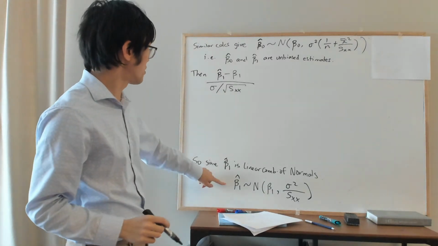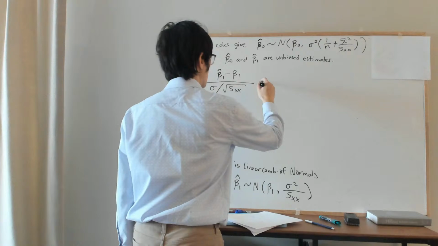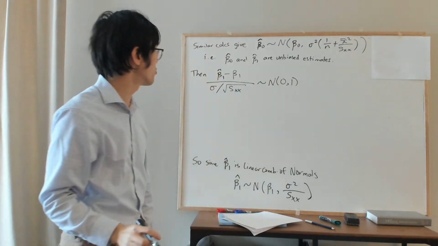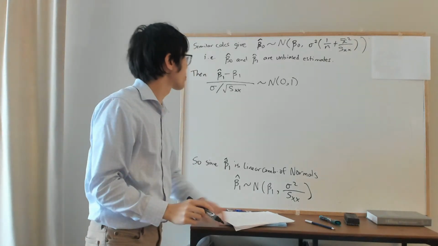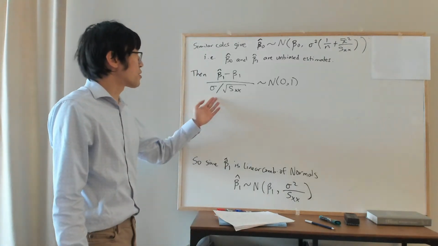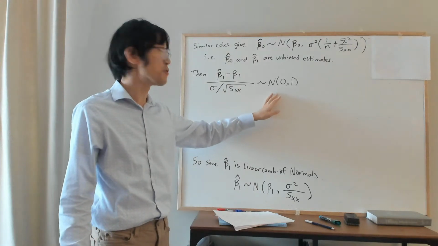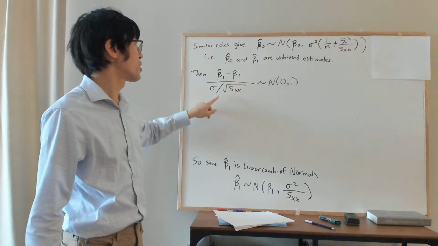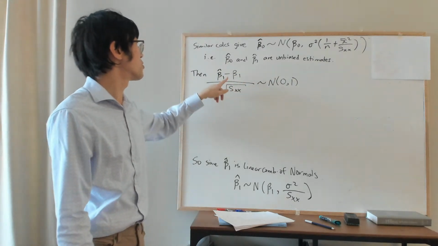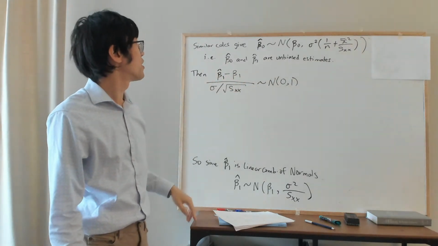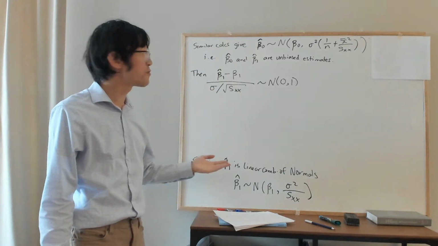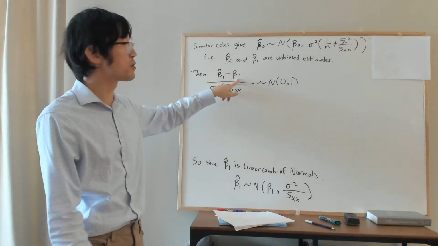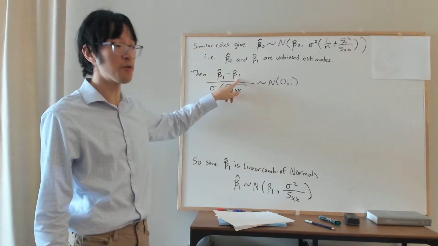Then this is equivalently a standard normal distribution, in other words, a normal with mean 0 and variance 1. This is the basis of how we do inferences on the slope parameter, because we know this quantity has a normal distribution. Intuitively, the slope is statistically significant if it is not 0, so we're going to be testing the hypothesis of whether the slope parameter is significantly different from 0.